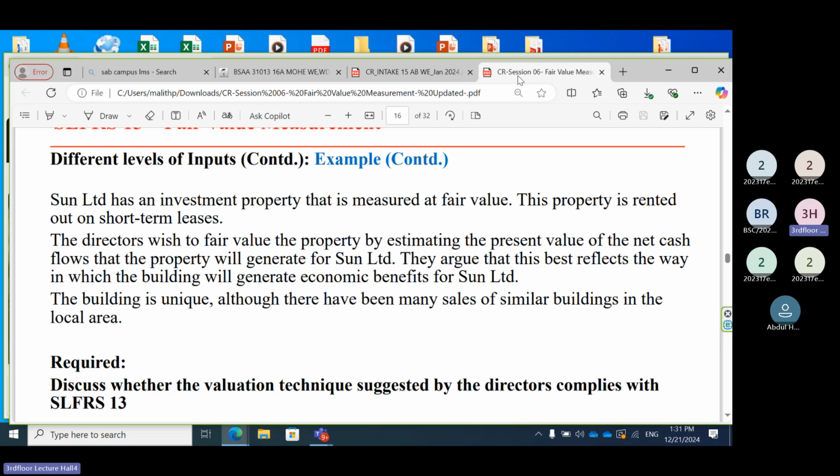As a property, the valuation is clearly said, and again, the building is unique, although there have been many sales of similar buildings in that area.